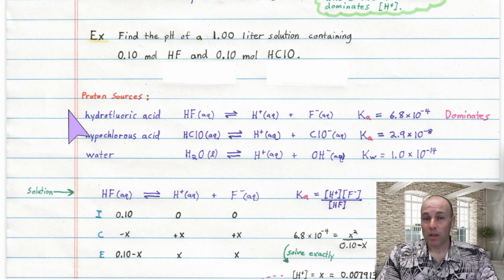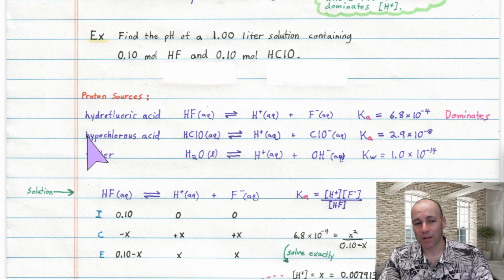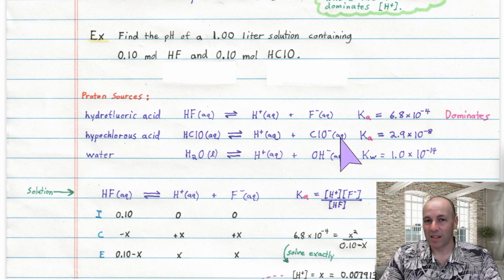But as we did in the polyprotic acid video, we will demonstrate that you can ignore this hypochlorous acid by first taking it into account. So we're going to deal with this, and then we'll see that we didn't need to deal with it.